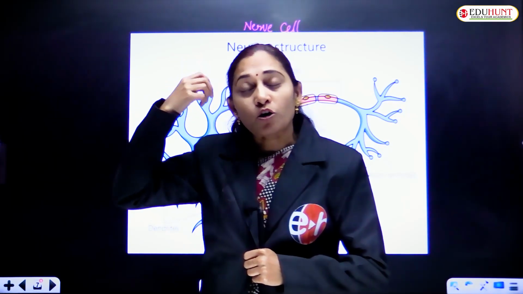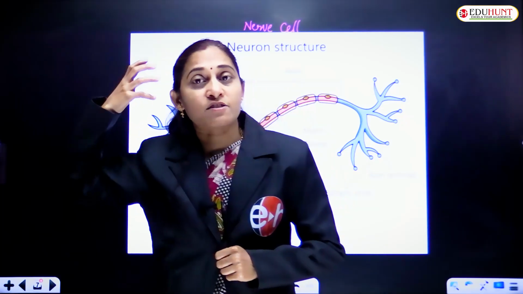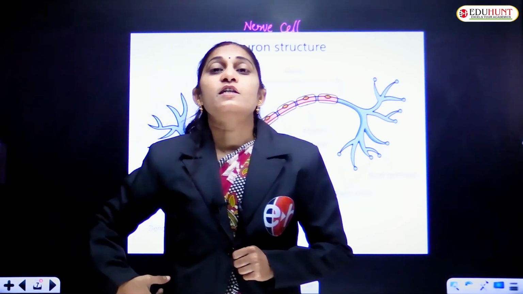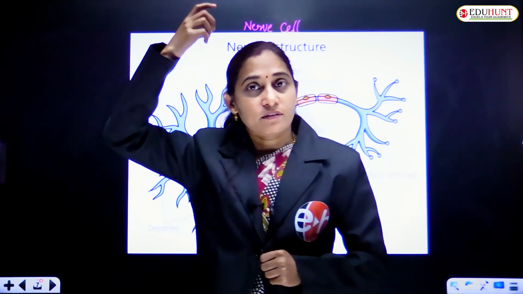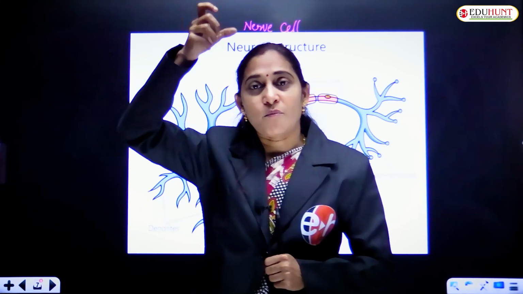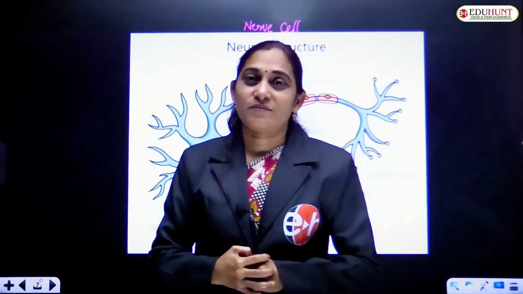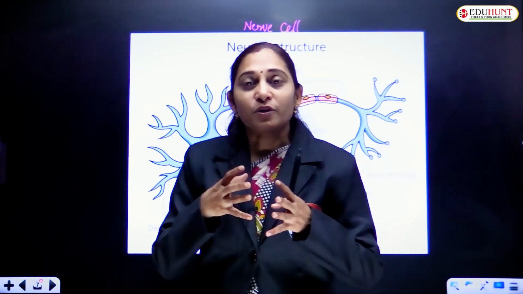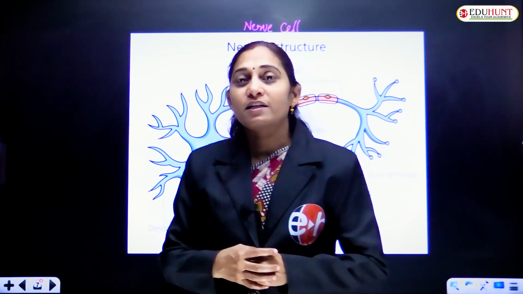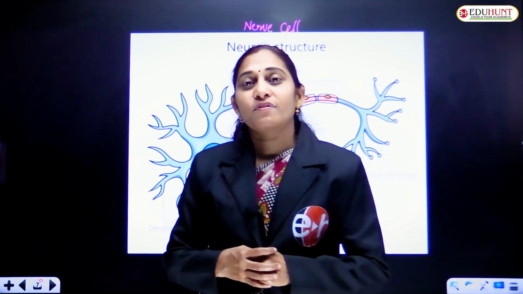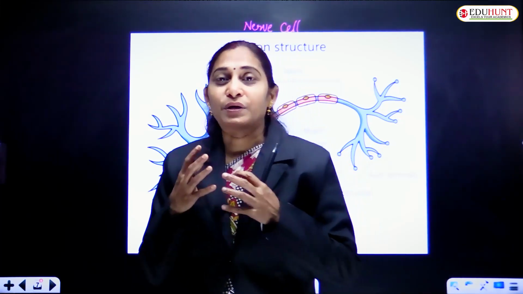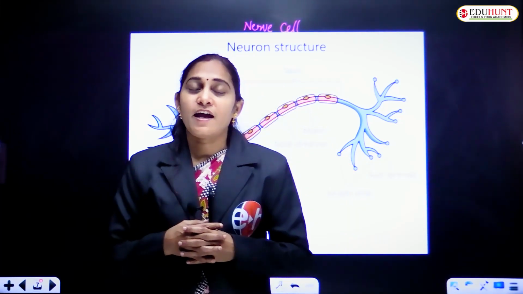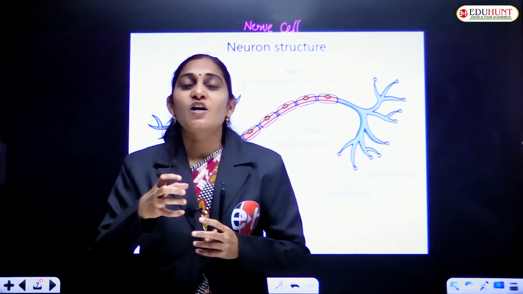And the brain extends to the trunk via the neck in the form of the spinal cord. For the protection of the brain and spinal cord, we have the cranium, the brain box, and the vertebral column.